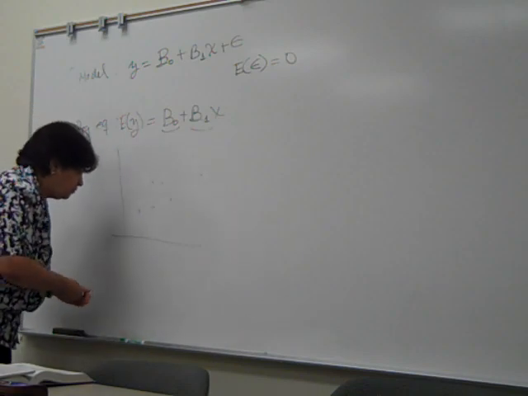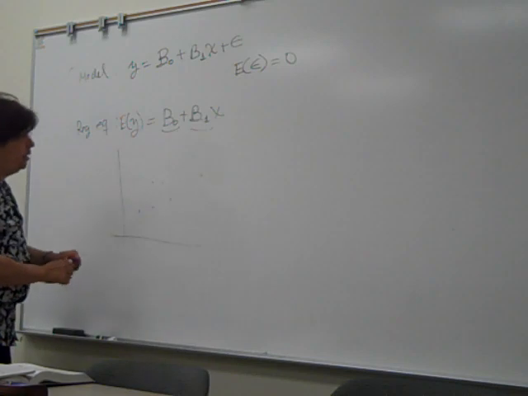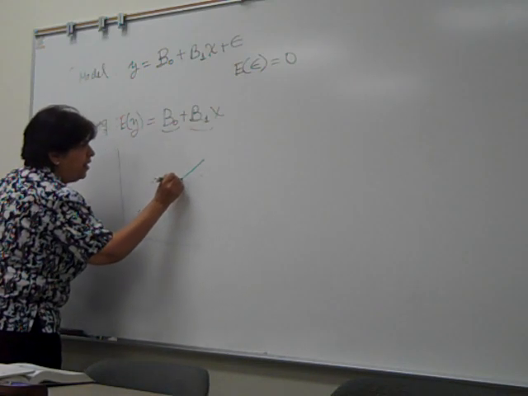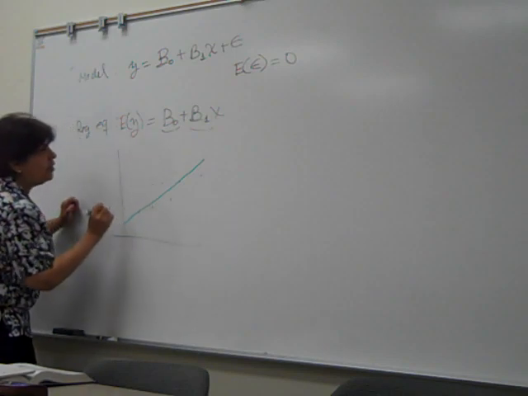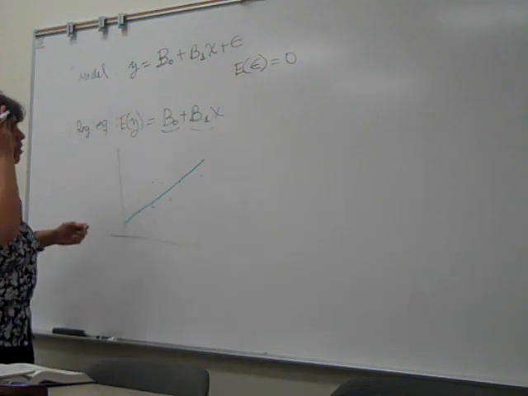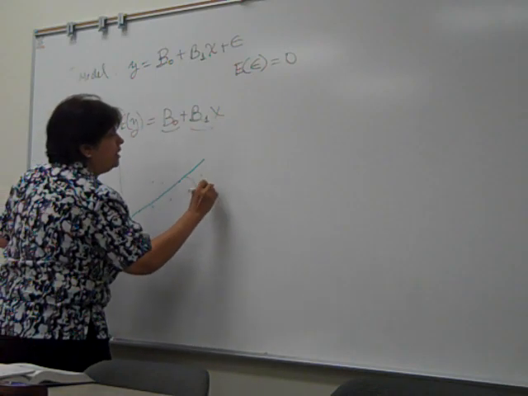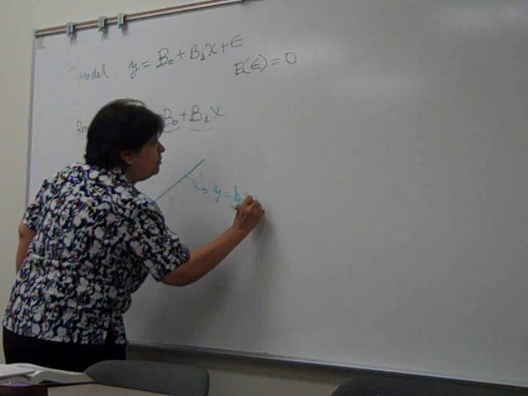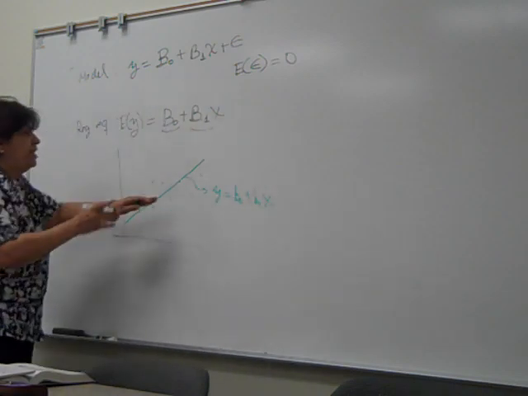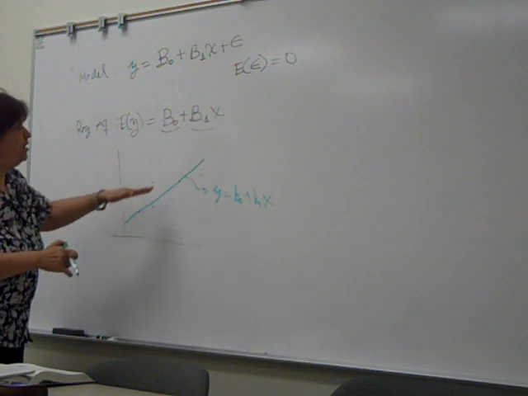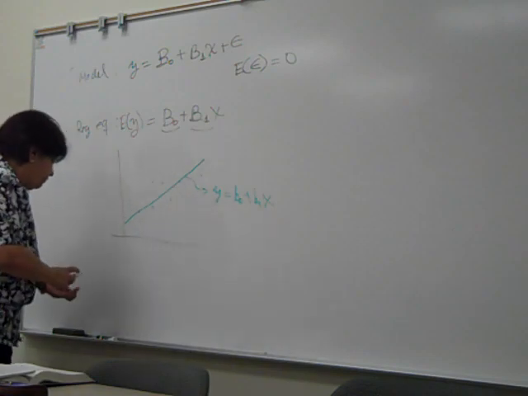From these data points, we are going to try to find this regression equation. This is the estimate of the regression equation, and this equation is y is equal to b0 plus b1 x, the estimation of the regression equation based on these data points.